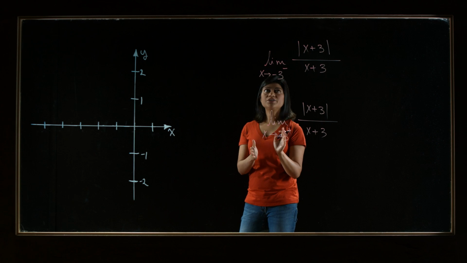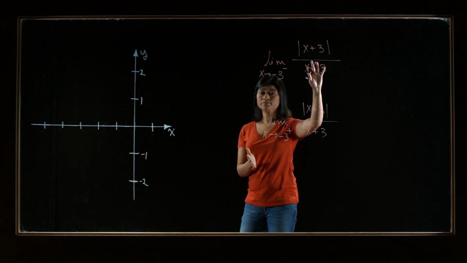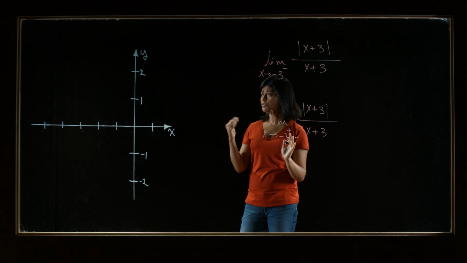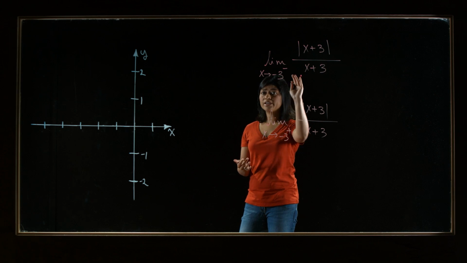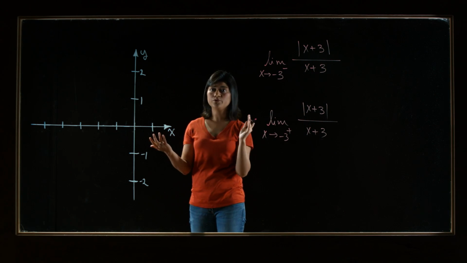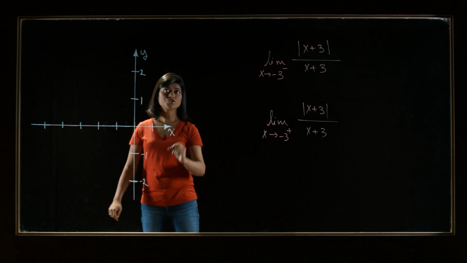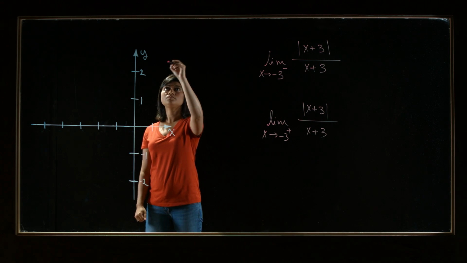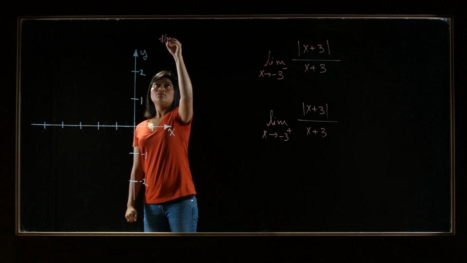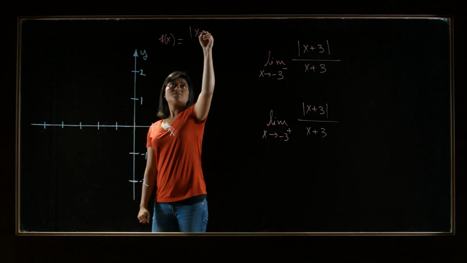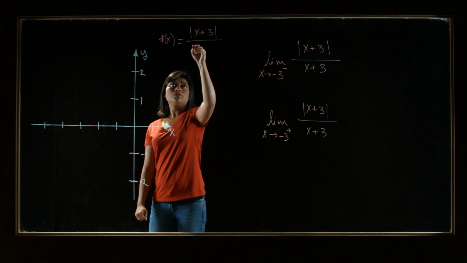So the very first thing we should do is try to graph the function, and then using the graph, see if we can say what the limits are going to be, the left-hand and the right-hand. So here is our function: absolute value of x plus 3 over x plus 3.